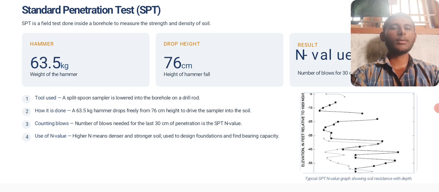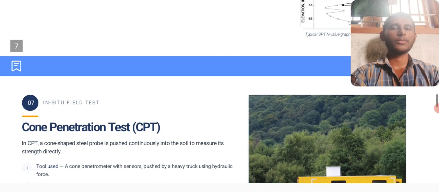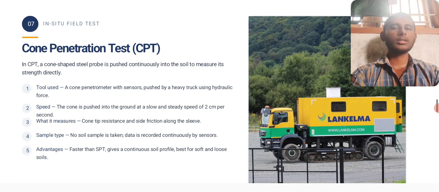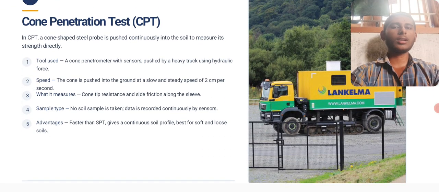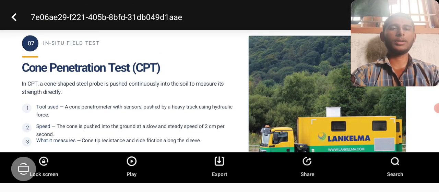Counting blows: the number of blows needed for the last 30 centimeter of penetration is the SPT value, the N value. Use of N value: higher N means denser and stronger soil, used to design foundations and find bearing capacity of the soil.